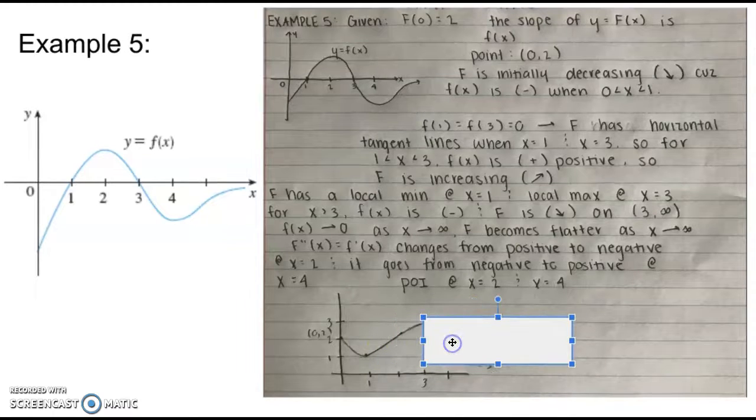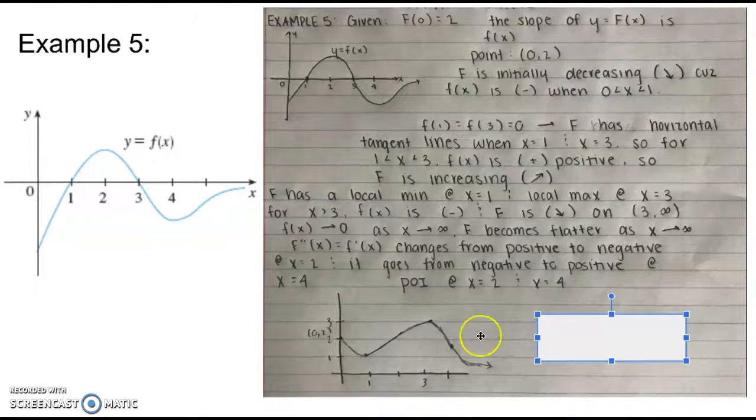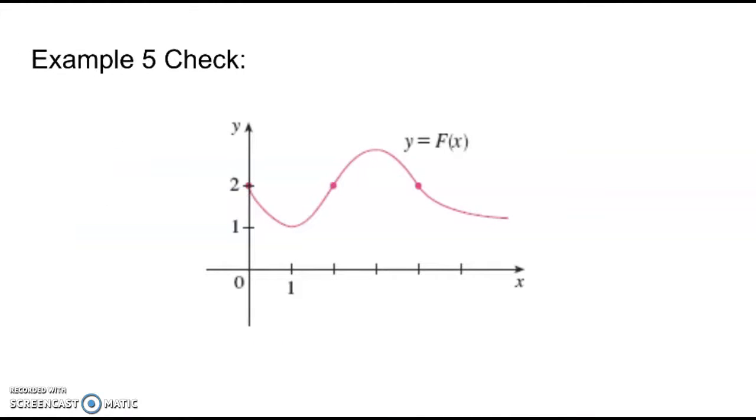We are also told that there is a maximum at 3. Anything greater than 3 is now decreasing because f of x was negative there, and then it'll flatten out. So then we get this sketch. And to double check this, we can check the answer, which looks pretty close to what we got.